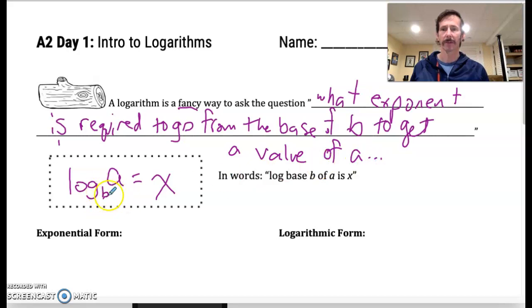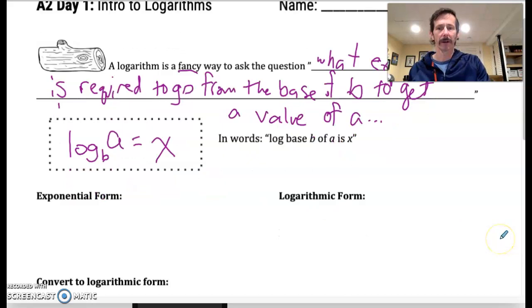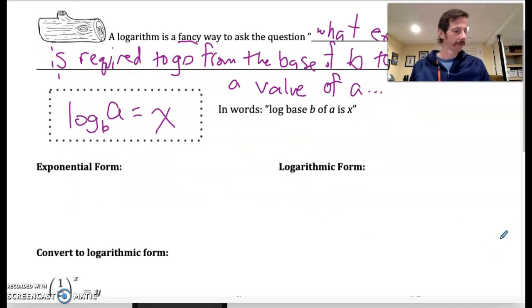So what exponent is required to go from this base of b to get this value of a? This answer to the logarithm is the exponent that you could put to this base b to get this value of a. So that's what we mean by it's a fancy way of talking about exponents.